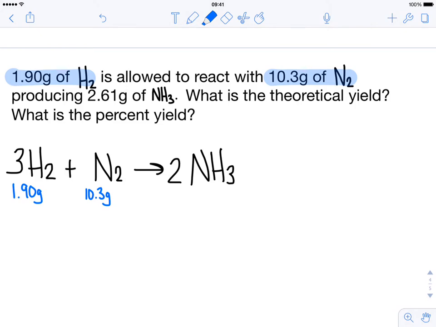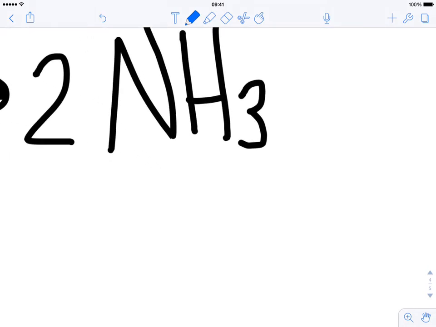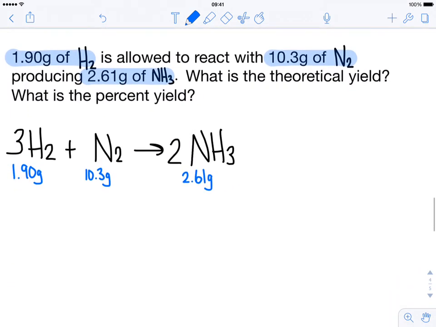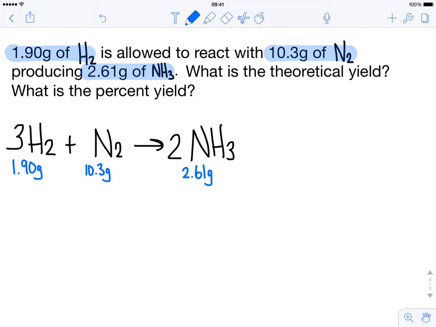And we're told that these two together produce 2.61 grams of NH3. So I'm going to write 2.61 grams. Okay. So now the first thing that we need to do is figure out what is our limiting reactant, because that's going to tell us the maximum amount of NH3 that we could produce.